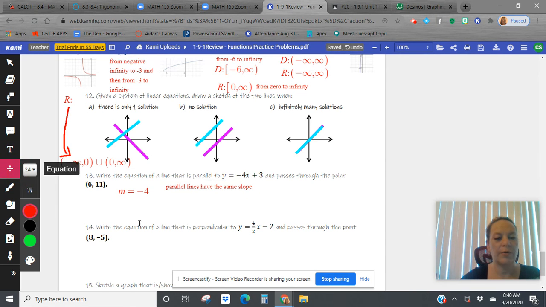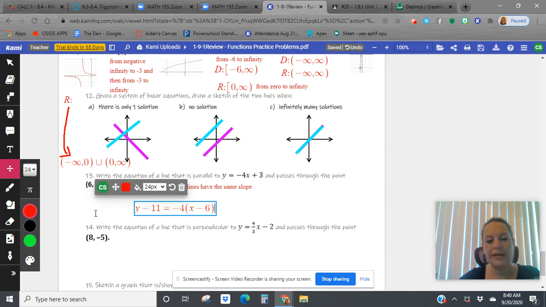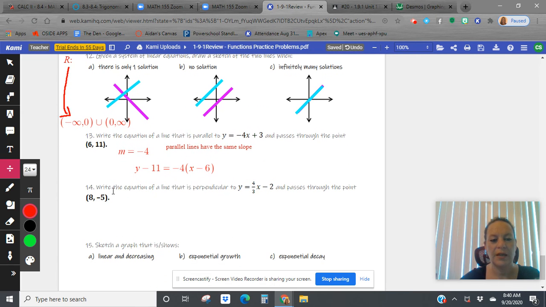So now I go write the equation using point slope form of y minus 11, use our slope of -4, x minus 6. So y minus y1 equals m, x minus x1. Done.